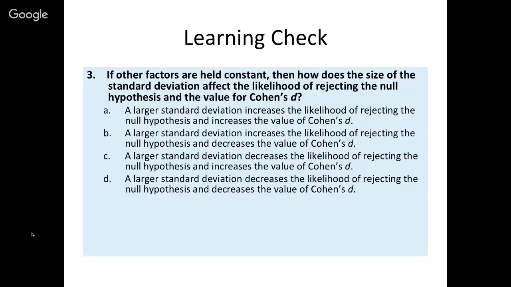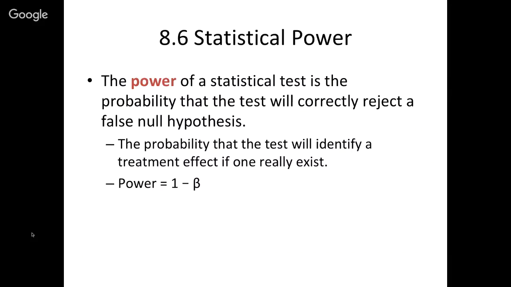Next, we finished Cohen's d, the effect size. This is the last part of this chapter. We call it statistical power.